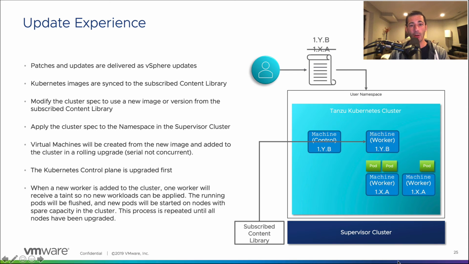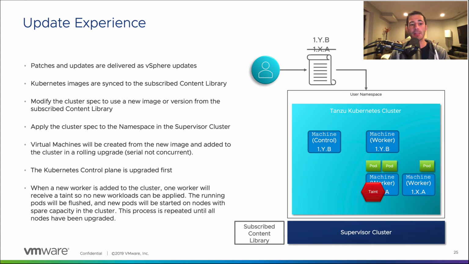So we add a new worker node with the new Kubernetes version. And automatically, what's going to happen is the worker node will get a taint. This taint means that no other containers will be provisioned or run on this particular machine.